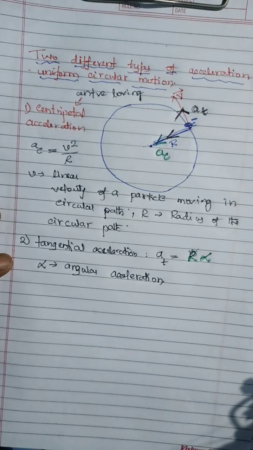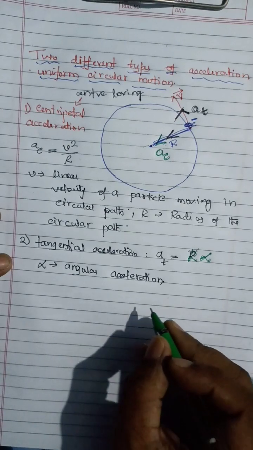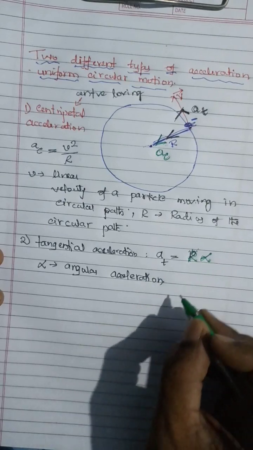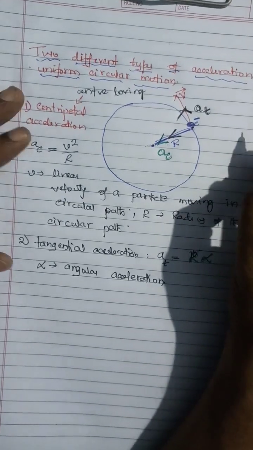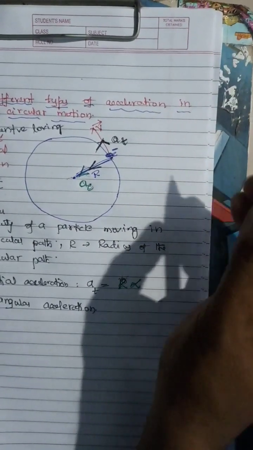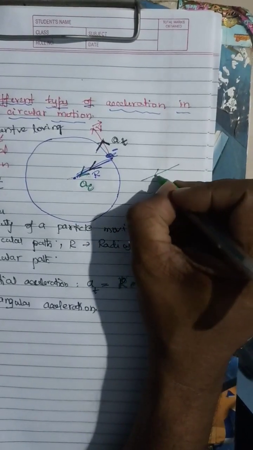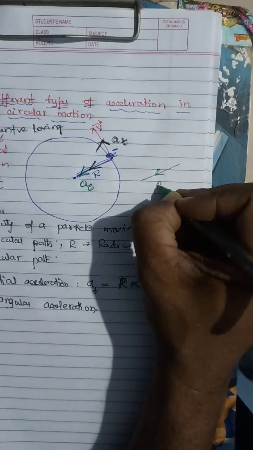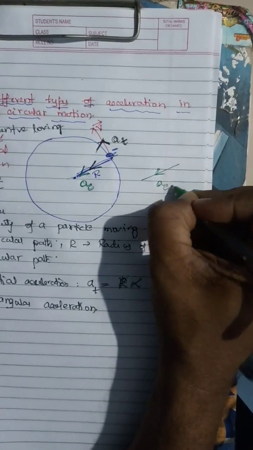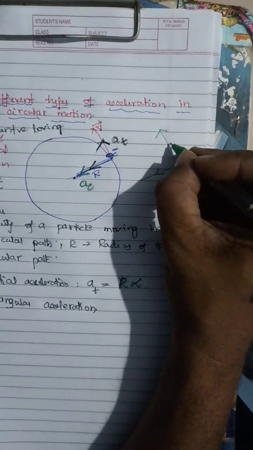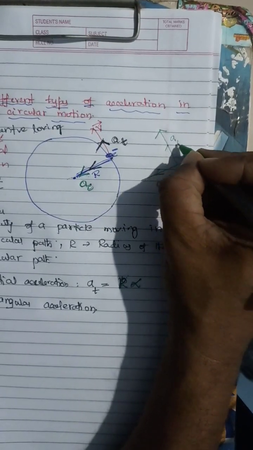Now, angular acceleration is alpha. Now if we write here, centripetal acceleration is along the radius and tangential acceleration is along the tangent.